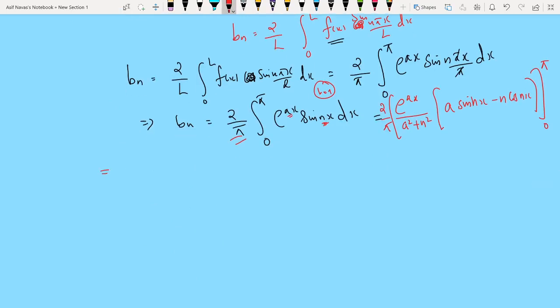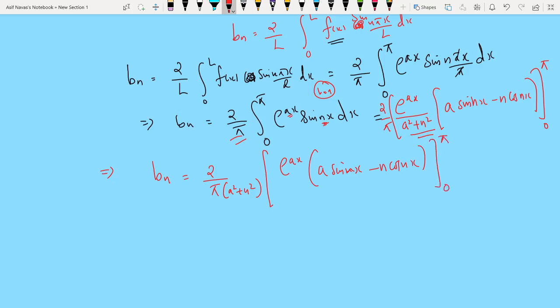So bn is equal to 2 by pi, taking a square plus n square outside, e raised to ax times a sin nx minus n cos nx, from 0 to pi. This is equal to 2 by pi into a square plus n square.